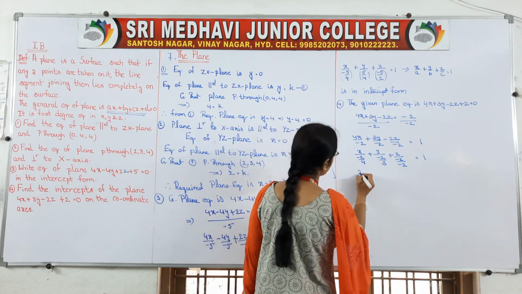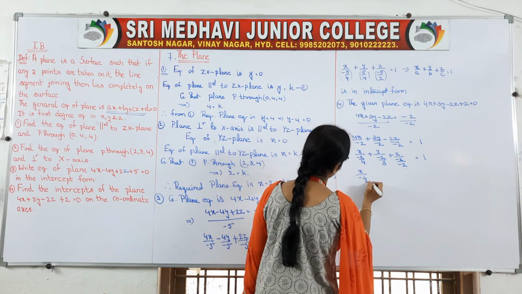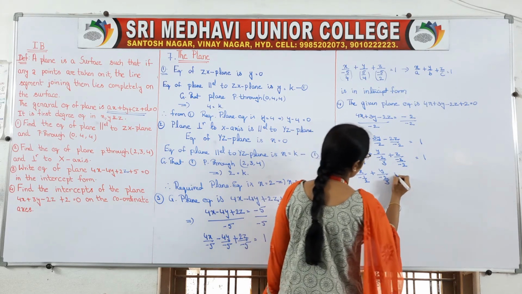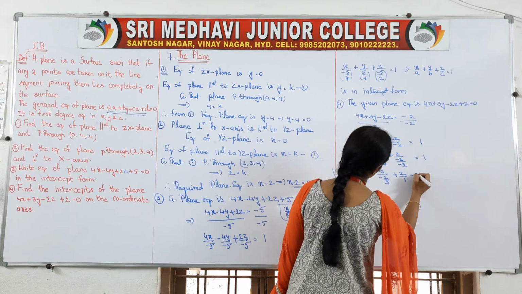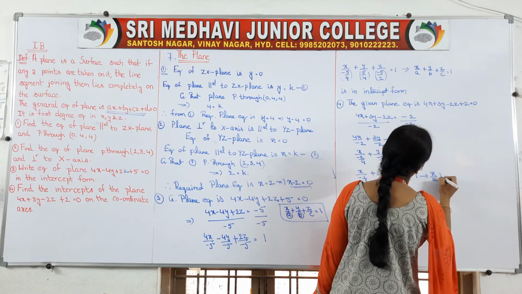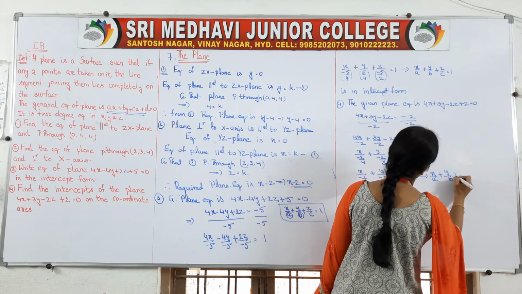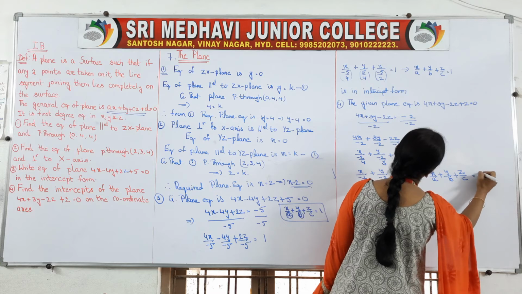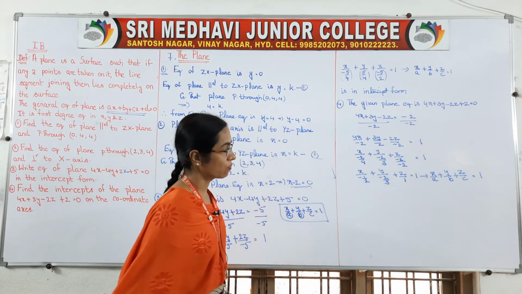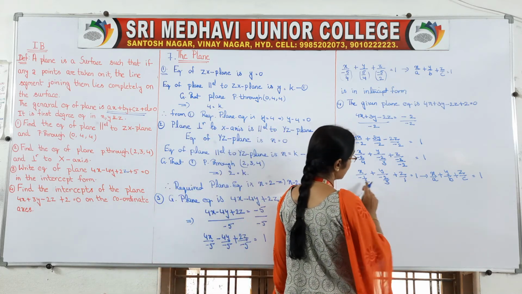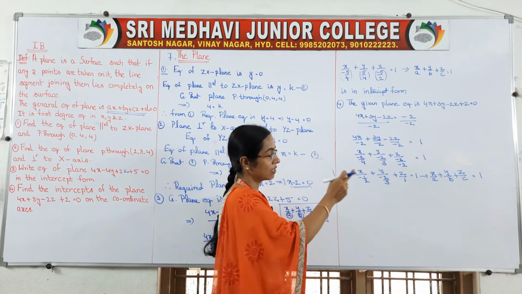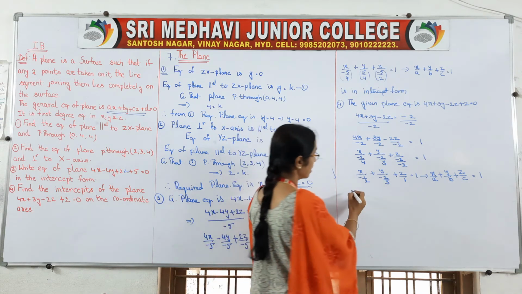So it is x by minus 1 by 2 plus y by minus 2 by 3 plus z by 1 is equal to 1, which is of the form x by a plus y by b plus z by c is equal to 1. Whenever any equation is in this form, the a value is called the x-intercept, the b value is called the y-intercept and the c value is called the z-intercept.